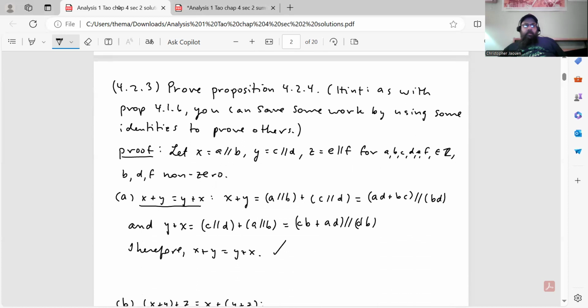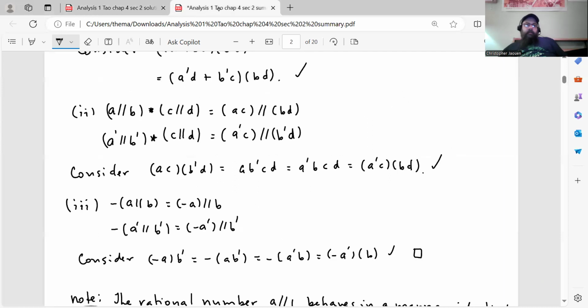All right, question 4.2.3 says prove proposition 4.2.4. Let me read that out and then I'll read his hint here.